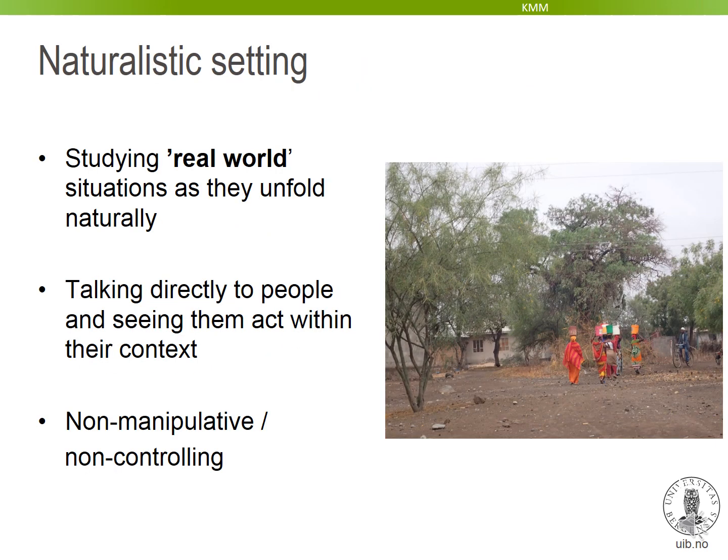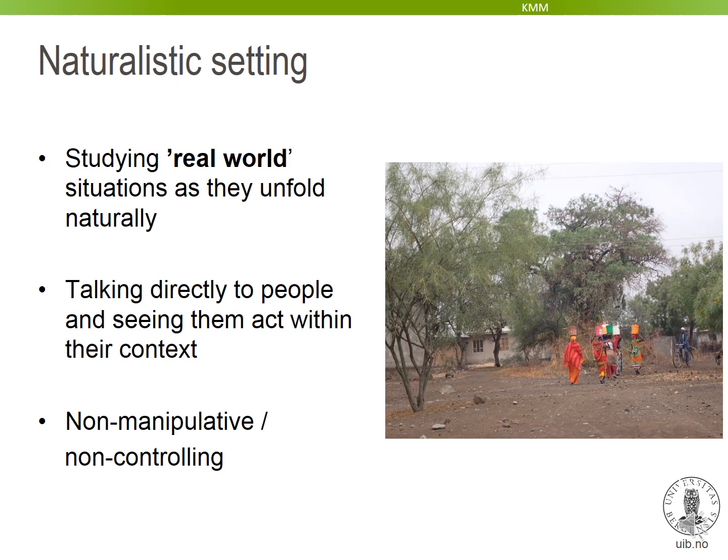We say that qualitative research takes place in naturalistic settings. This means that we are studying phenomena in real-world situations as they unfold naturally. If we, for instance, study women's daily chores, we could do a participant observation study, taking part in and observing at the same time what women do during the day, like fetching water.